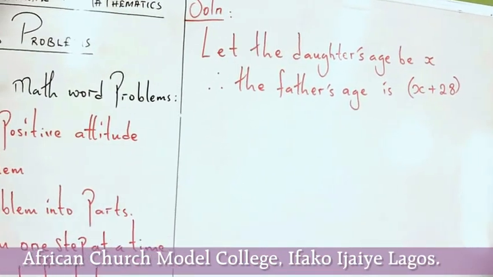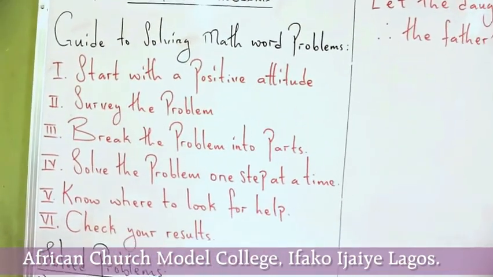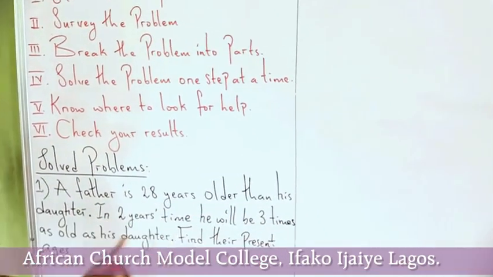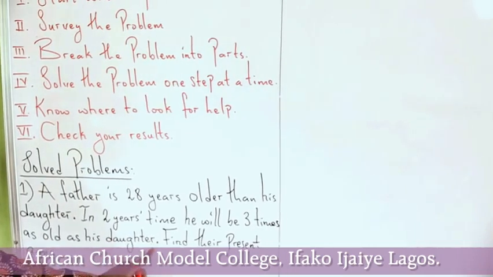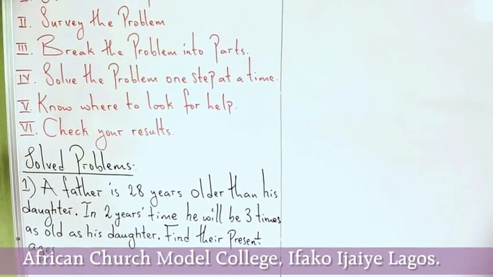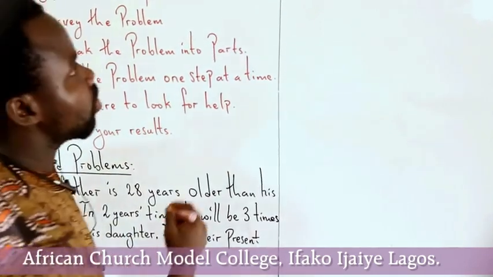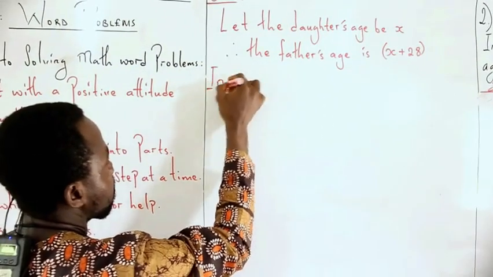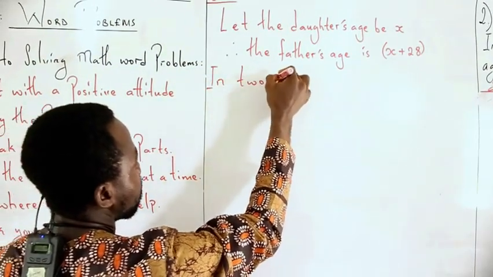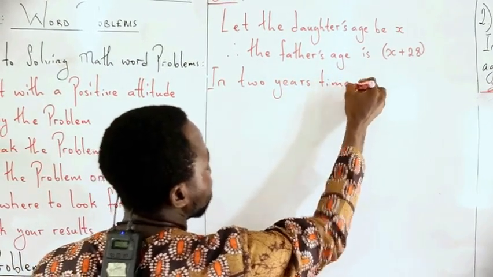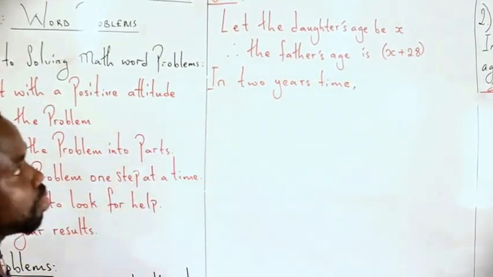So the next sentence says, in 2 years' time, he, that is the father, will be 3 times as old as his daughter. So how do we describe that as an equation? Let's move back to the solution. In 2 years' time, what do you think the daughter's age will be?